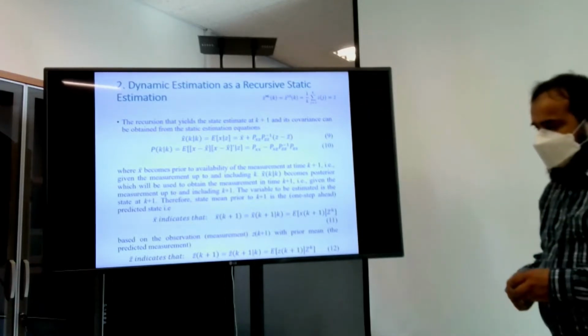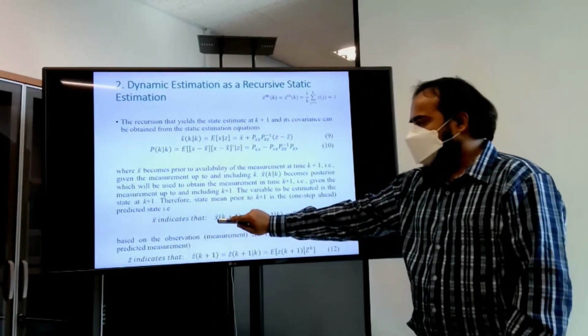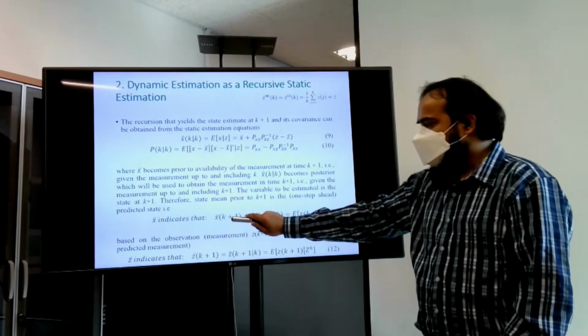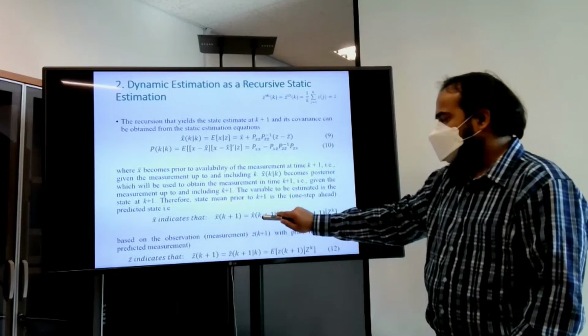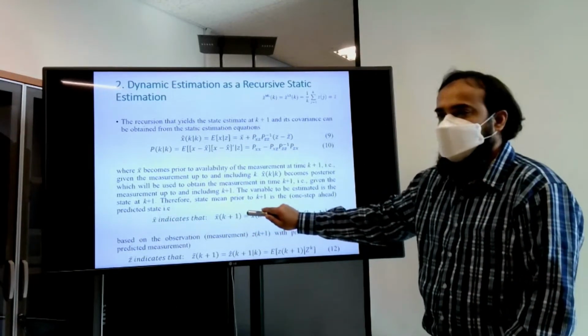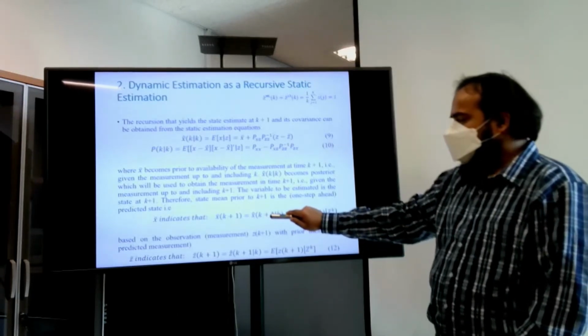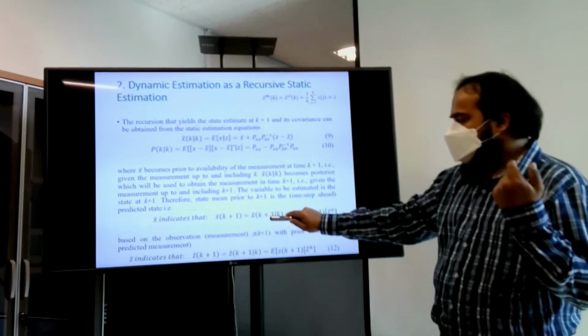So for example, this k indicates the prediction for k plus 1, which is given from the previous filter value, like this one, the previous filter value. This is equal to this one, which the first value of the estimate is assumed to be known.